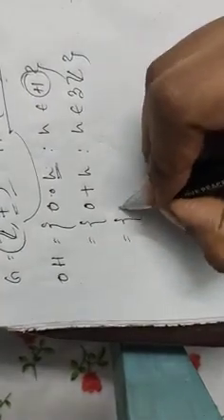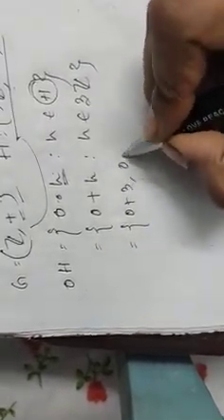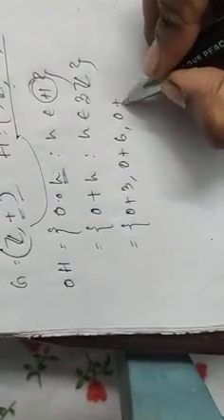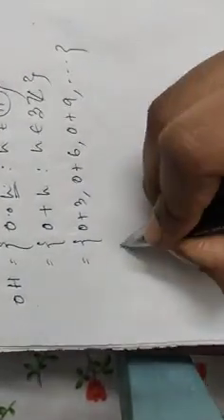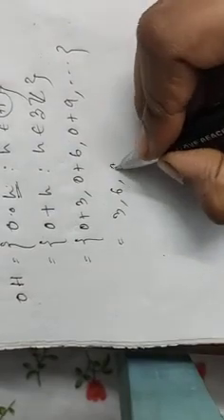So it will become 0 plus 3, 0 plus 6, 0 plus 9 and so on. That is ultimately 3, 6, 9 and so on, and the negative elements also. That means it will become 3Z. This is one coset.